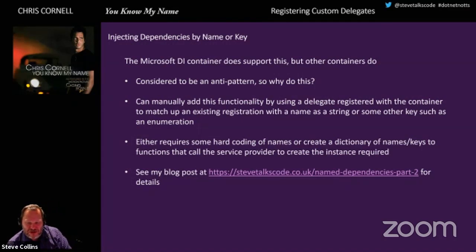Now you can take the approach of doing some hard coding inside your service registrations that says, if I get M in, give me an implementation that does, I don't know, mammals. If I get a B in, give me an implementation that deals with birds, etc., etc. When I implemented it, what I did was I actually registered a dictionary as a singleton and then used a lookup in that dictionary to say, here's all the strings that come in.